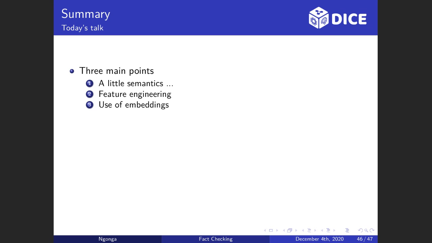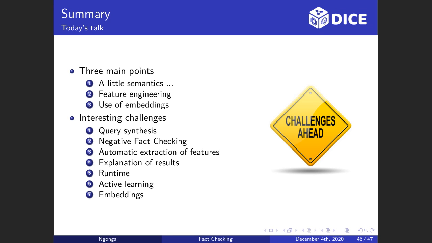And there were three main points: that by looking at semantics, by doing correct work in feature engineering, and by using embeddings, we are probably going to be able to be even better than what's available out there at the moment. But what's available out there is pretty good already. And there are quite a few interesting challenges coming our way, such as query synthesis, negative fact checking, and the automated extraction of features.